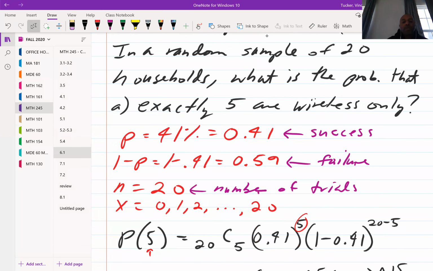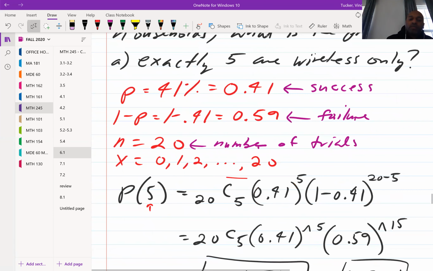All right. So now if I want to know the probability of picking out exactly 5 wireless households, remember you're going to choose 20. The setup is, if I chose 20 households, what's the probability of getting exactly 5 that are wireless? I will put it in our formula. This is the formula right here.